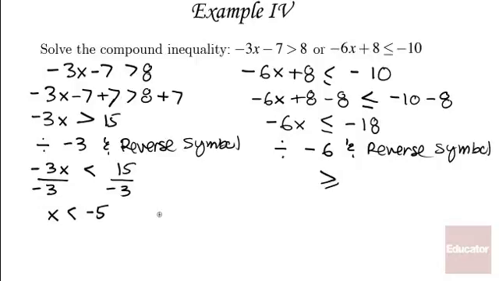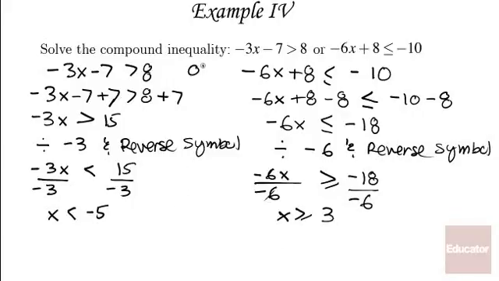Reverse that symbol right away so that you don't forget to do it. So I have negative 6x divided by negative 6 is greater than or equal to negative 18 divided by negative 6. These negative 6's cancel out and I get x is greater than or equal to 3.